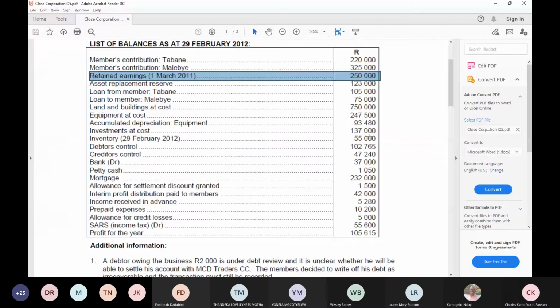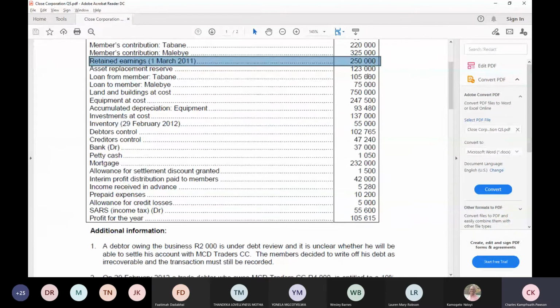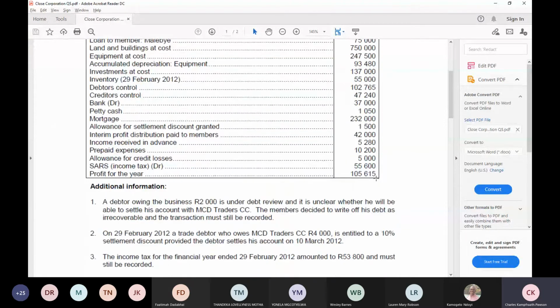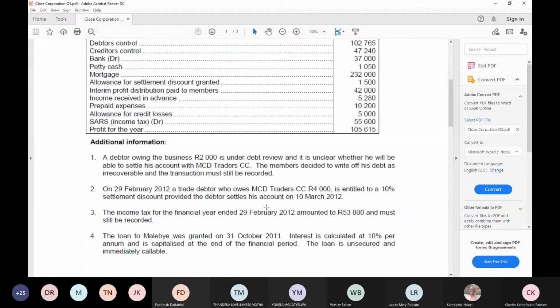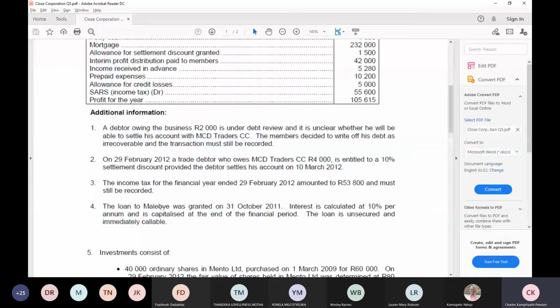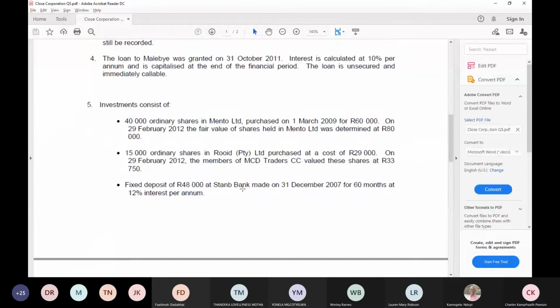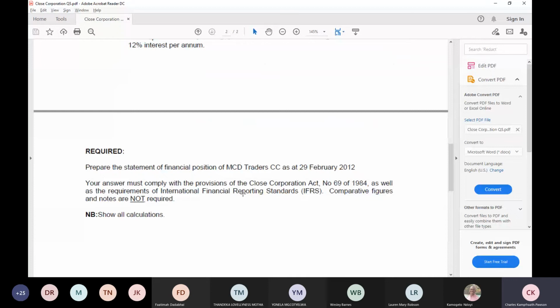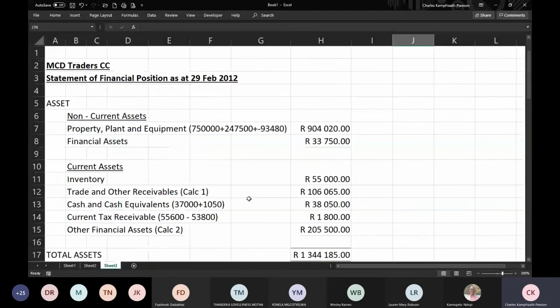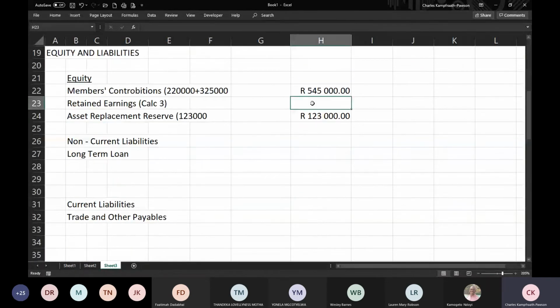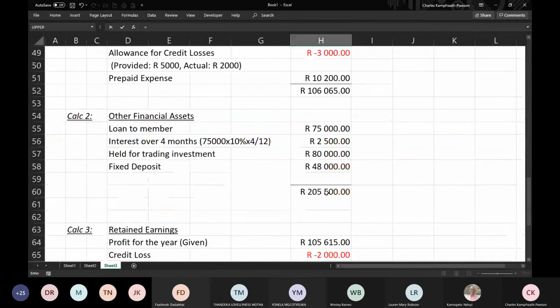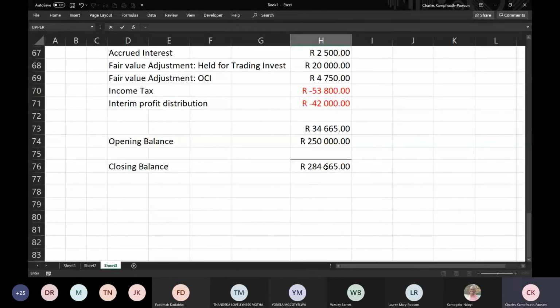Okay. I'm sure we took everything into account here. I can't see anything else that should go to the income statement or anything else that they mentioned. We did the tax. We did the adjustments. I don't think there's anything else that we left out. Okay, 100%. Let's complete that. So retained earnings, closing balance.